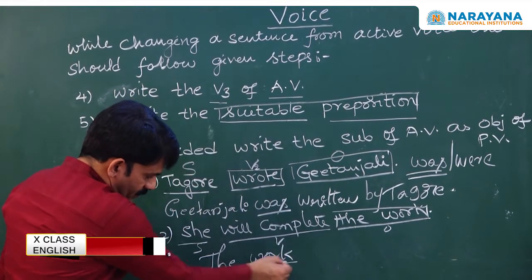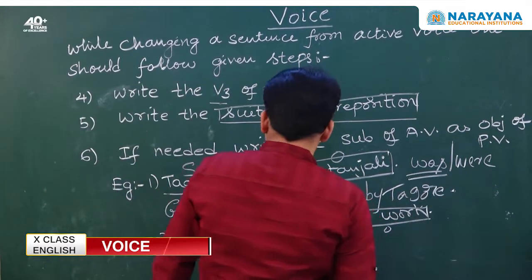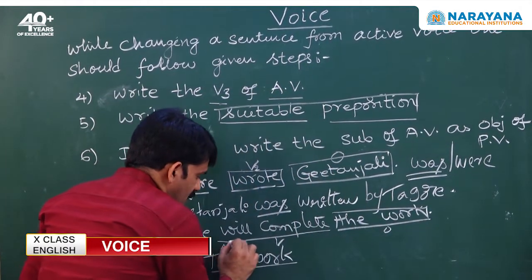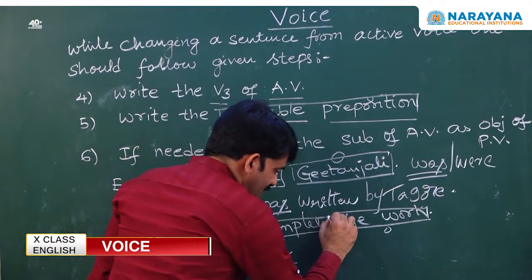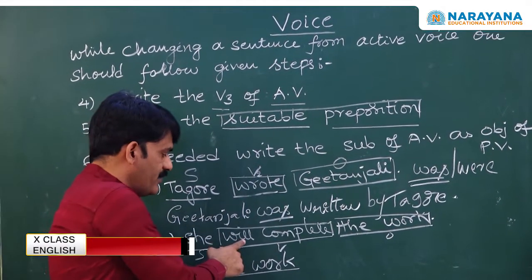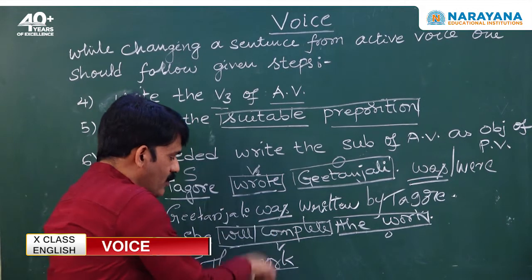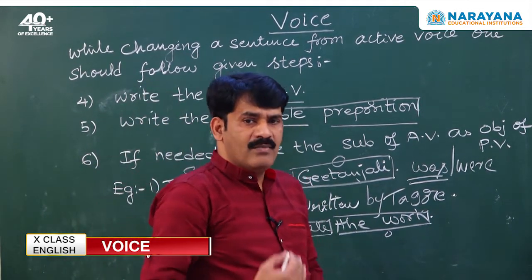Once after taking the work, what am I supposed to do? I have to write the suitable B form. Before I start writing it, I have to confirm what tense is used in active voice. Simple future. Will is a modal auxiliary. Whenever you find modal auxiliaries, take the B form be.